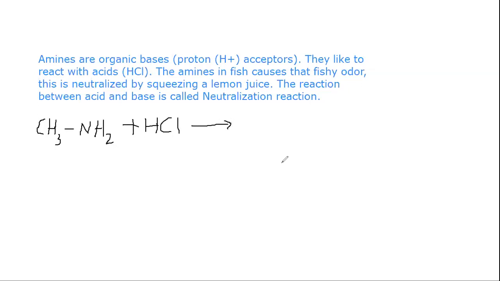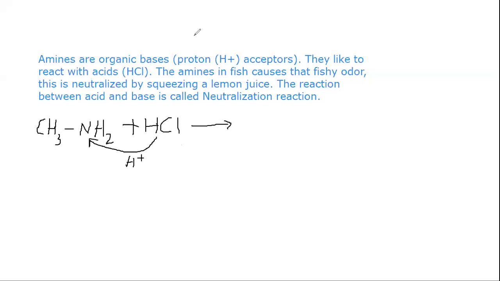So what happens here? Amine is acting as a base. HCl is acting as an acid. Now the acid wants to donate a proton and the base wants to accept a proton. So please look here, I am moving a proton from acid to base.